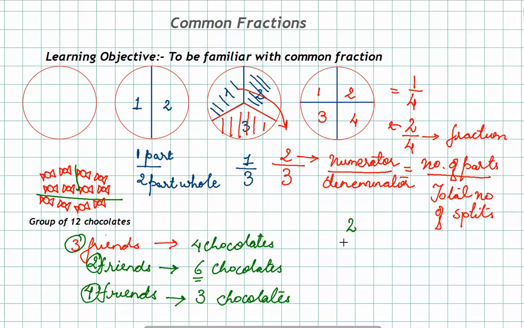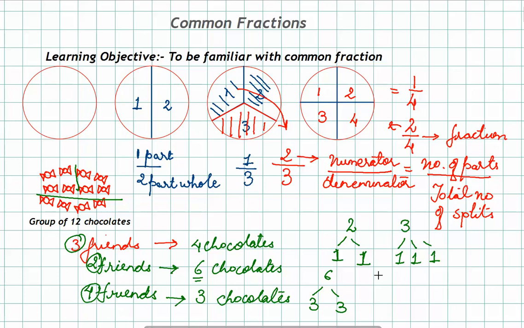Let's take a simple example of 2. If you have 2 chocolates and you want to divide them equally, each of them would get 1, 1. If you have 3 chocolates and you want to divide them equally among 3 friends, each of them would get 1, 1 and 1. If you have 6 chocolates and you want to divide them equally between 2, each of them would get 3, 3.